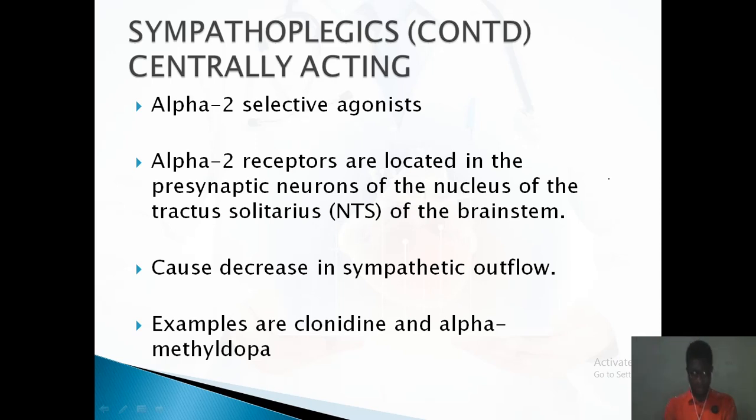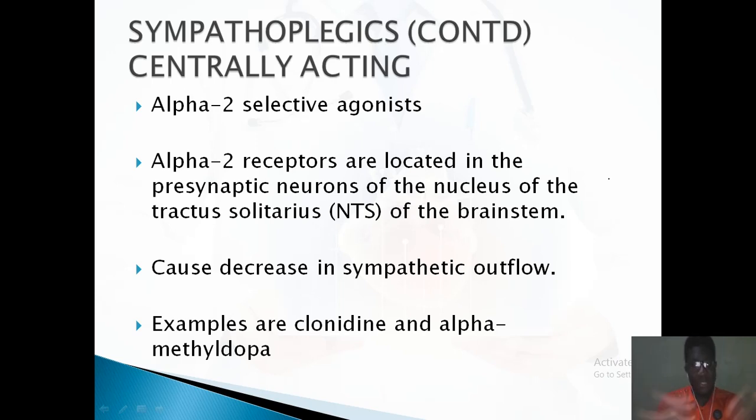In the brainstem, that is where we have these NTS neurons. The effect of these drugs is that they decrease central sympathetic flow. By decreasing that flow, they decrease cardiac output and peripheral resistance, and they decrease blood pressure.